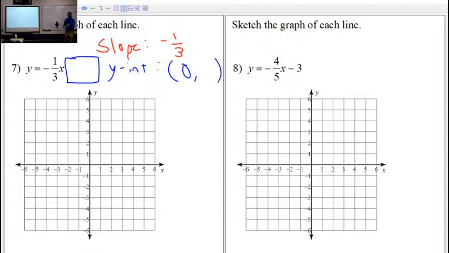So the same thing is to say that we're adding 0. So really there's a plus 0 hidden in there that we can put as our y-intercept. If there's nothing being added or subtracted there, then you want to put a plus 0. And that means y-intercept is at (0, 0).